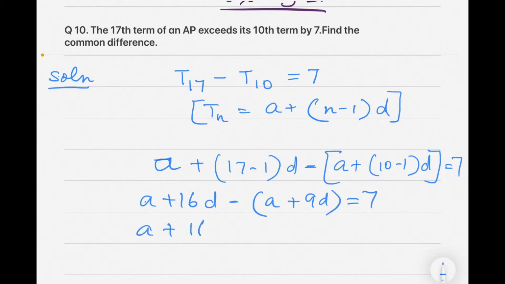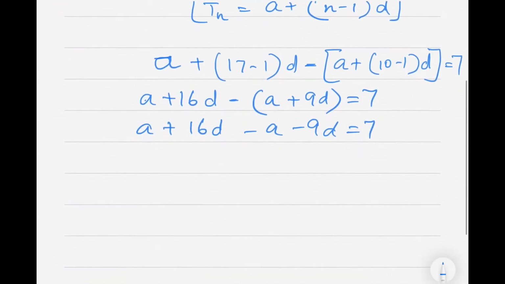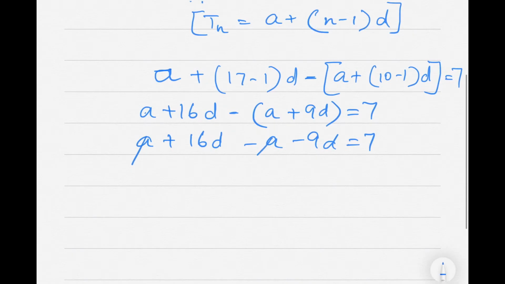So a plus 16d minus a minus 9d is equal to 7. So a gets cancelled and 16 minus 9 is 7d is equal to 7. So my d is equal to 1. So that was easy, I think, right? They had asked the question, find the common difference. So we can see the common difference is 1.